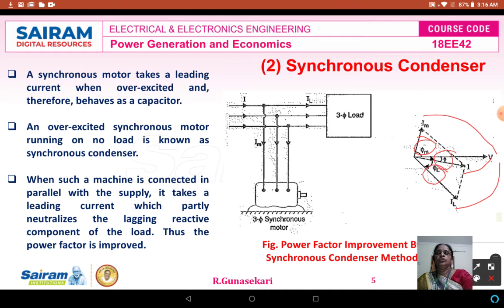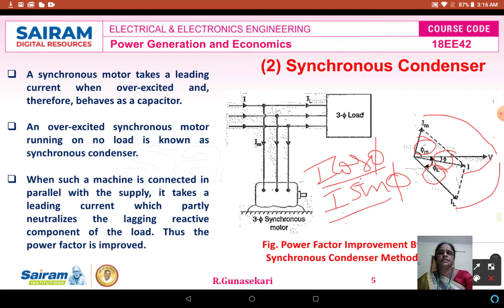That lagging component is the reactive component of the load. The reactive component means I sin phi. The current I consists of I cos phi and I sin phi: I cos phi is the active component, and I sin phi is the reactive component.